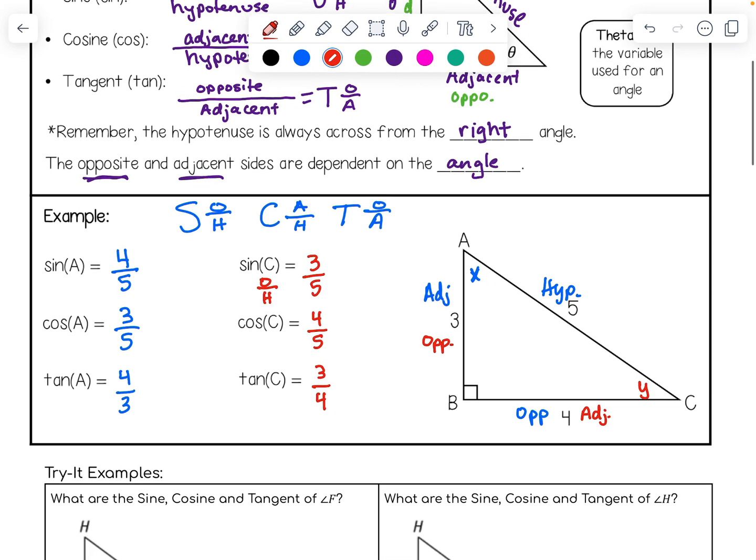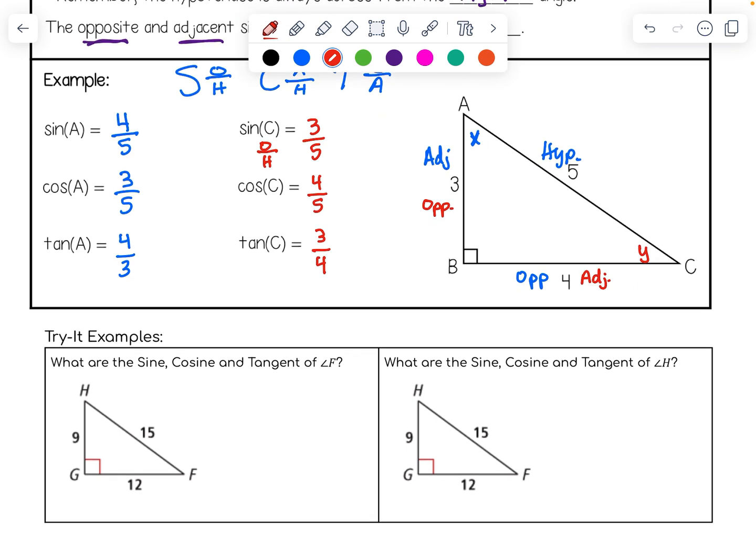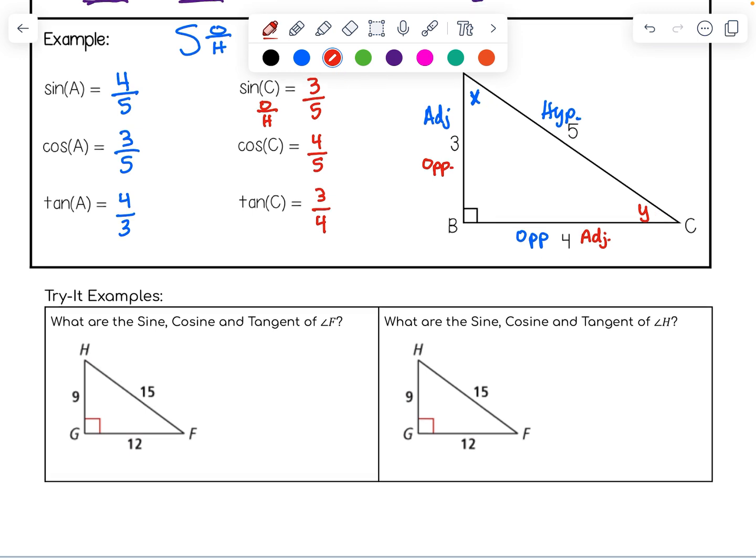All right. Let's come down here and try our last few examples. If you want to pause, you could try these on your own and then check them as we go. So this first one says, what are the sine, cosine, and tangent ratios of angle F? So angle F is right here.